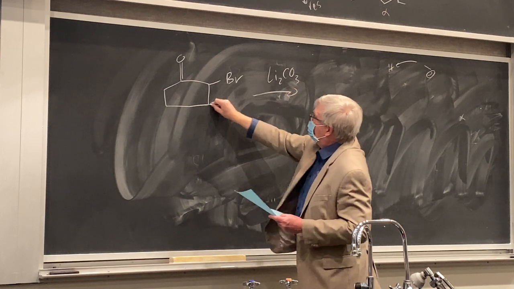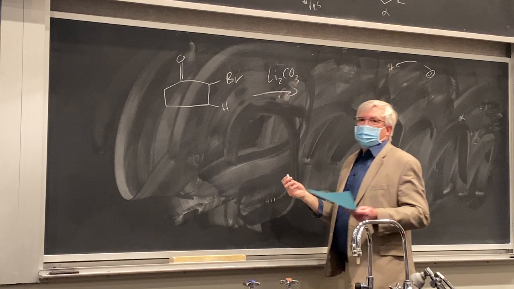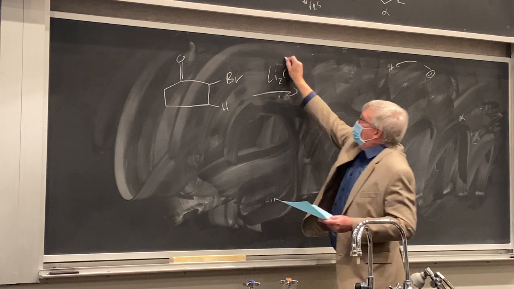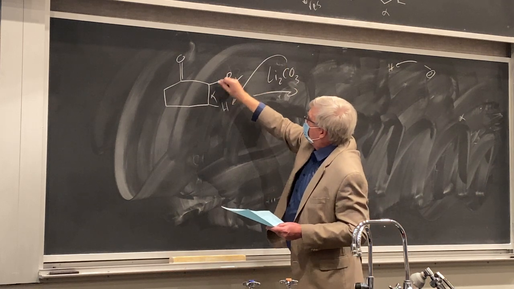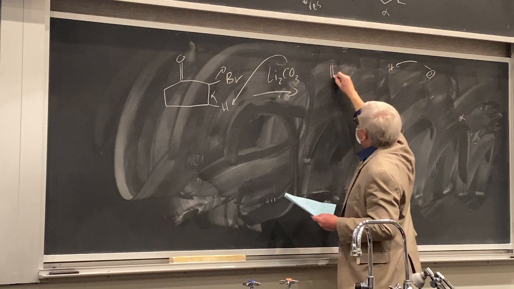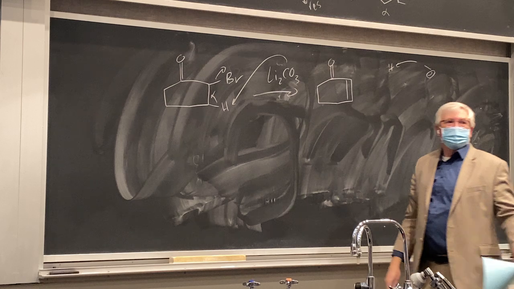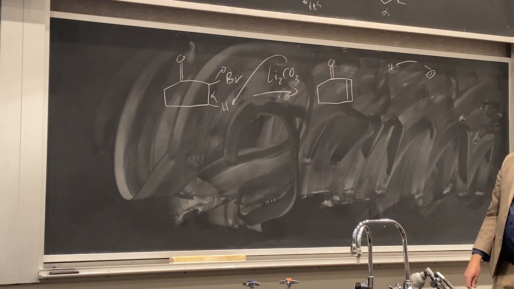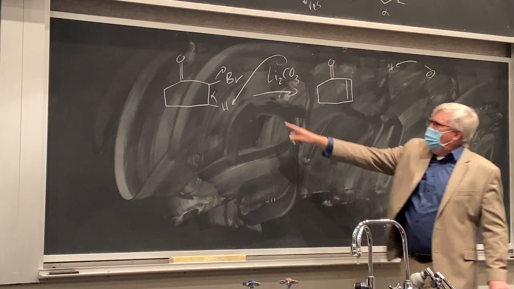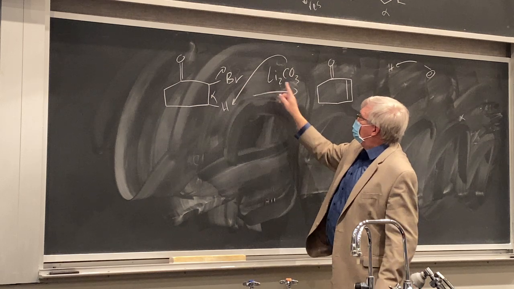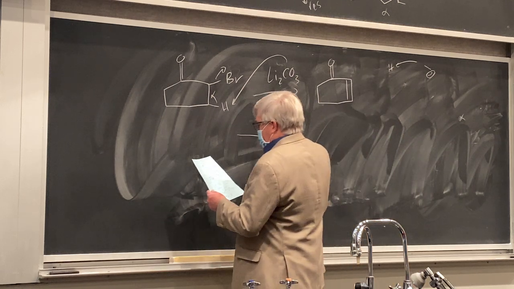There are other bases that can do this. Potassium tert-butoxide, for example. This base is strong enough, actually, to do this. So we can go to enones, okay? We saw enones before with cuprates. So once you halogenate the alpha position, you can eliminate with lithium carbonate.